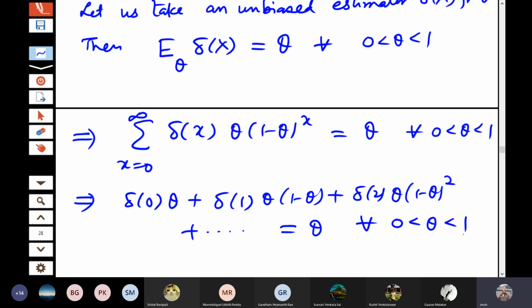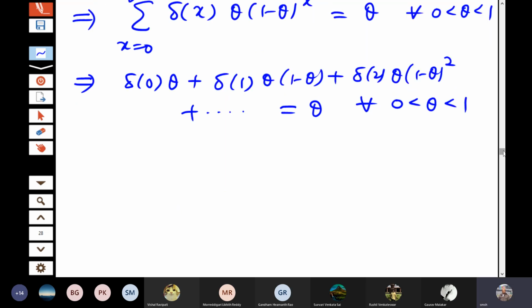Let us look at the solution of this here. If we equate the terms on both the sides, so you can divide by theta on both the sides.